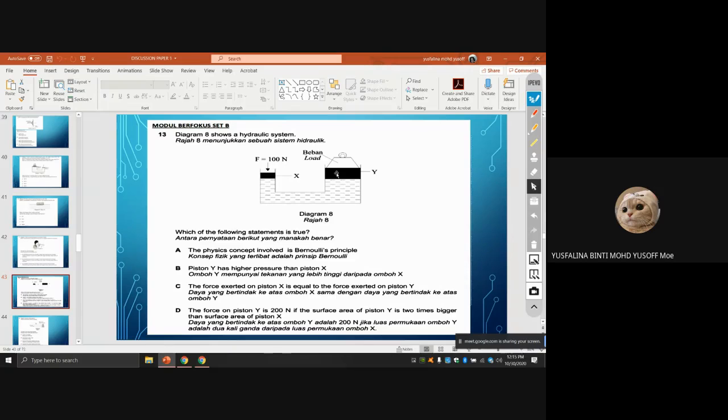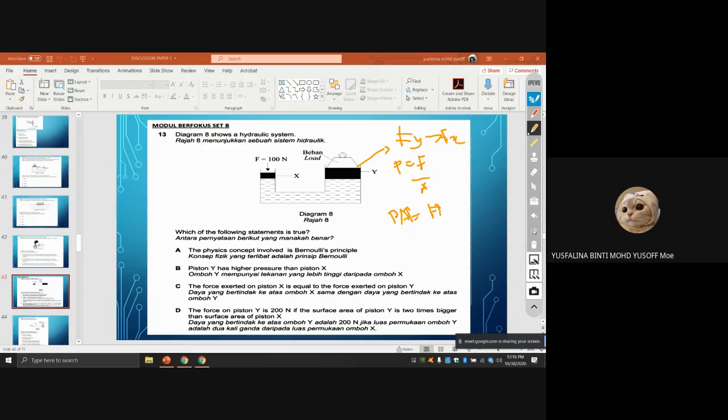The force depends on the cross-sectional area. P equals F over A, so PA equals F. If the area is bigger, the F also increases. So the force here is much bigger than X. Fy is bigger than Fx, so C is wrong also.